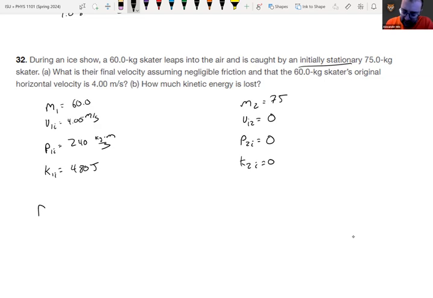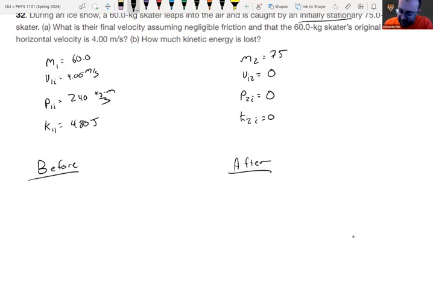Now we can set up a before and an after. After, as a reminder, they're basically one object. So this is a perfectly inelastic collision because the second one caught the first one. The new mass of that object is 60 plus 75, which would be 135 kilograms.